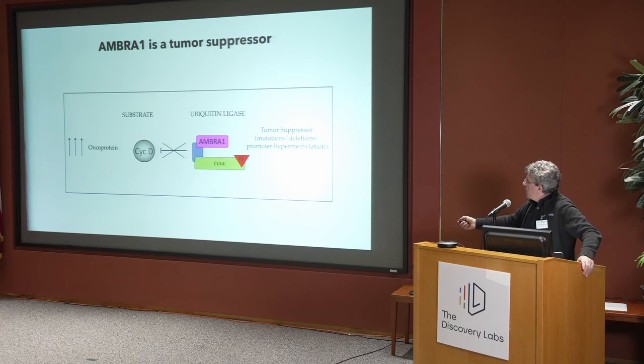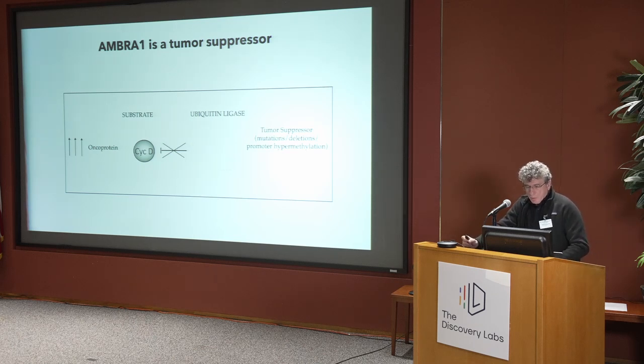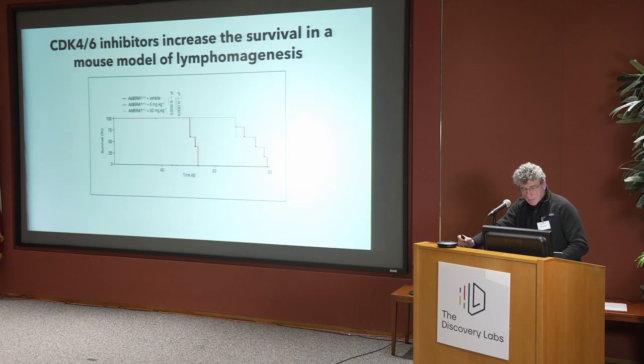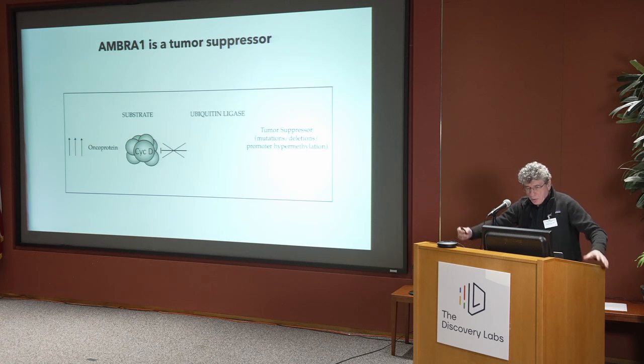In fact, we see many mutations and deletions, and a lot of downregulation by promoter hypermethylation. So when you lose AMBRA, you will accumulate cyclin D1 and promote oncogenic events.